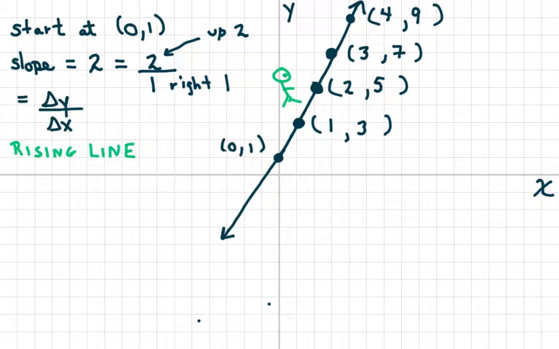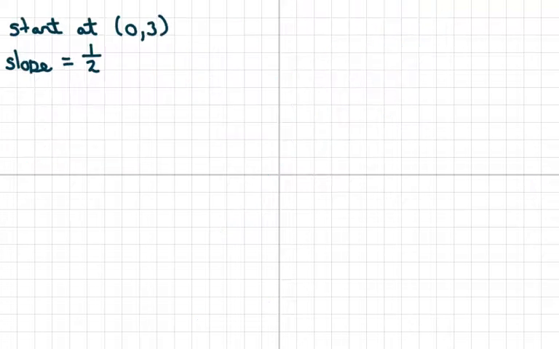So if you give me a starting point and a slope, I can draw a line for you. I can start at the starting point and I can follow the slope and get more points. So let's say we start at 0, 3 and we have a slope of 1/2.